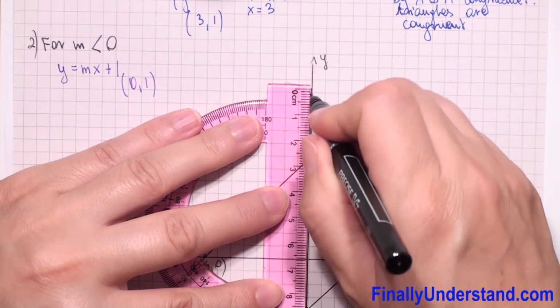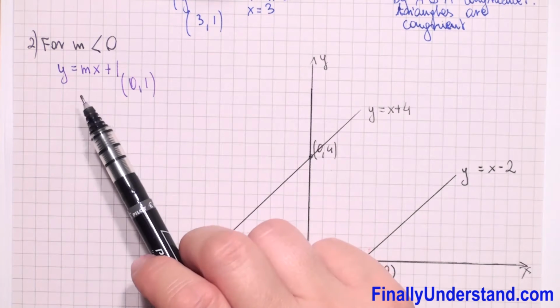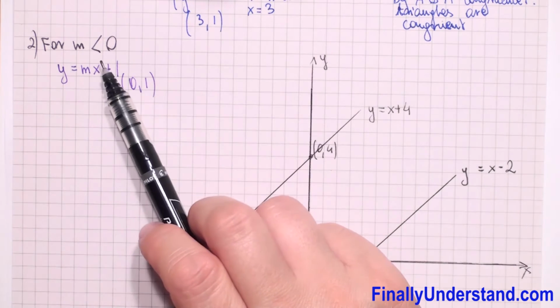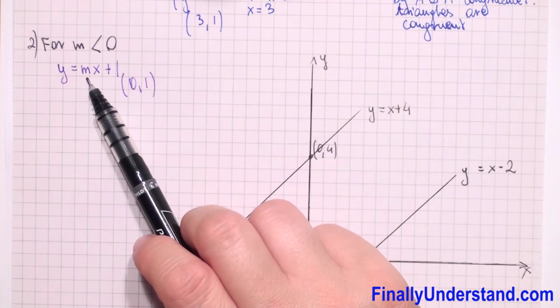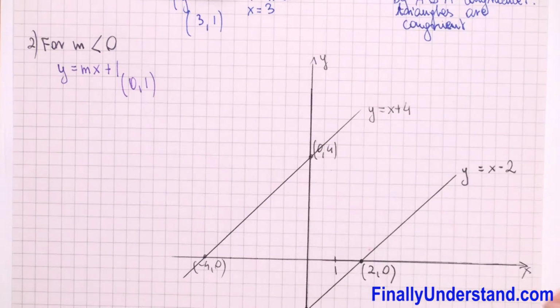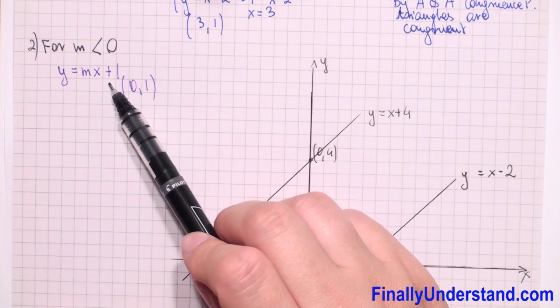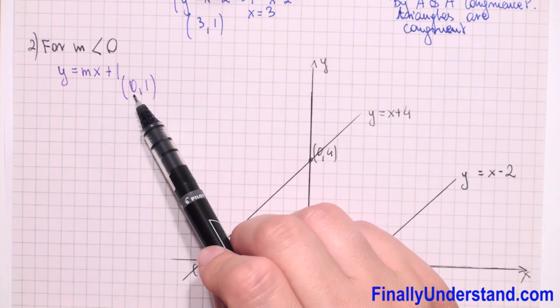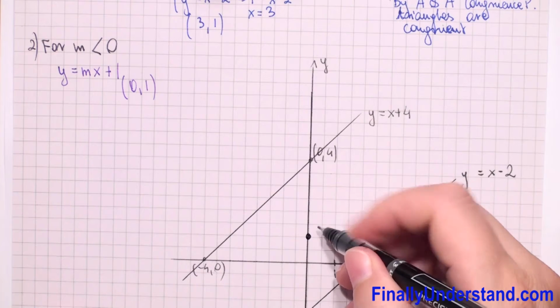And now we will draw the third line, which has m less than 0. As m is negative, it means that our line will go down. From our equation, we can read that the y-intercept is (0, 1). So we have here (0, 1).